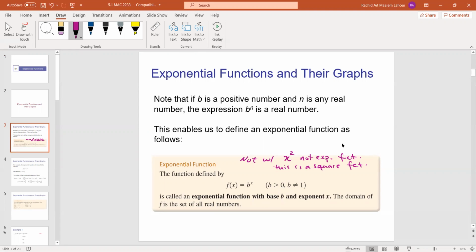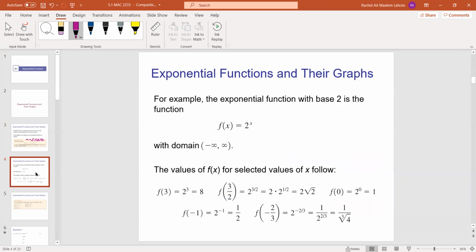So an exponential function is where you have a base, and the variable x is the exponent. In this case, the base has to be positive and it cannot be one. The domain is the set of real numbers, and we're going to see that in a few seconds. Let's take an example, f of x equals 2 to the x.